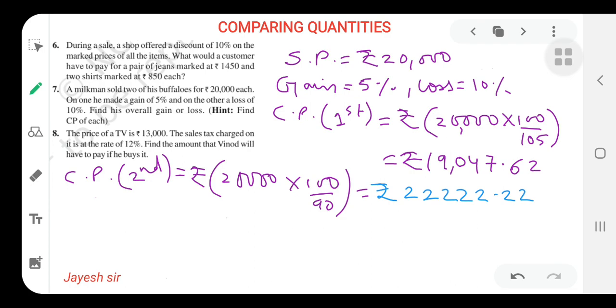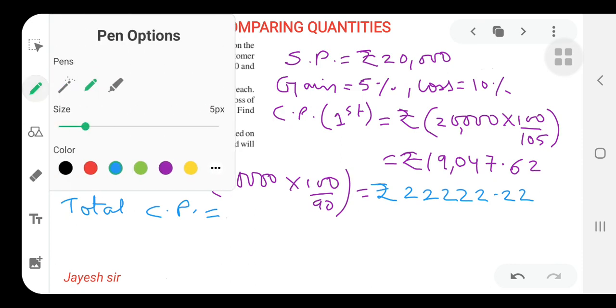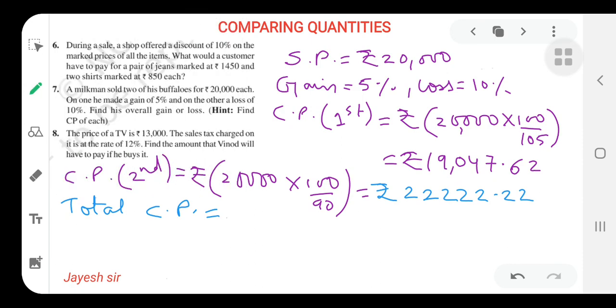Now what we'll do, hint, find the CP of each. Yes, we have found the CP of each, because we need to find the overall gain and loss. So we have found the CP of both. Now total CP, that means total cost price, would be the sum of both. So what would be the sum of both? I am directly adding here.